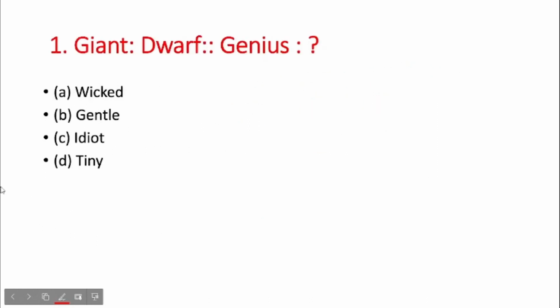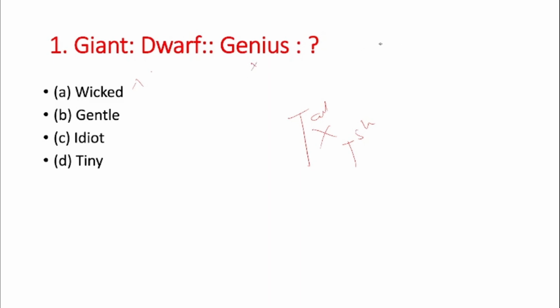So here the question is giant, dwarf, genius, what? Giant means a big, tall person. Dwarf means a short person. So the relation here is opposite. Giant is opposite to dwarf. Now, what is genius?